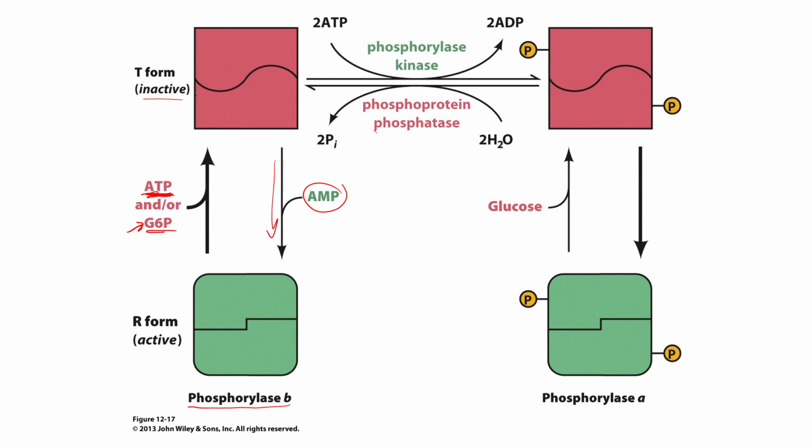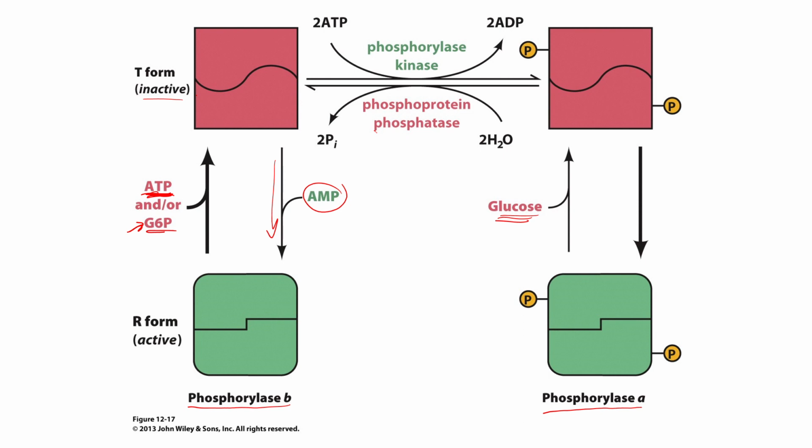On the other side, let's consider the allosteric effector for phosphorylase A. The allosteric effector for phosphorylase A is glucose. So just like we talked about before, when there's a lot of glucose around, that means that there are plenty of energy sources available for that cell to use to ultimately make ATP, to have more energy available and help the cell carry out its function.